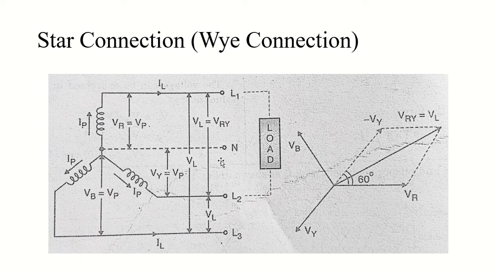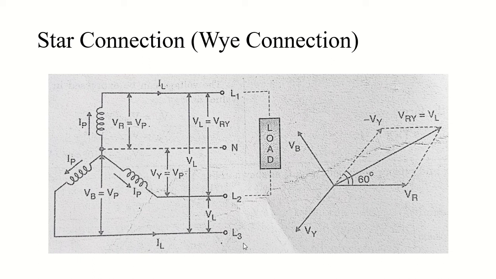And the voltage between L2 and L3, which is between Y and B, is called VYB. Similarly, the other one.